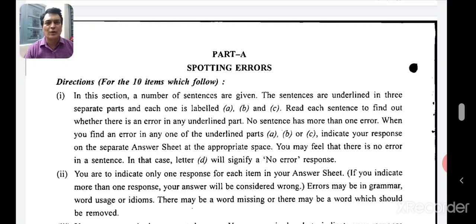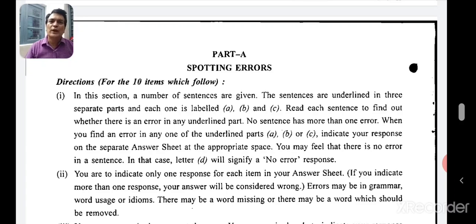So what you have to find out? You have to find out the part where there is an error, and that is going to be your answer. So you have to spot the error in the part of the sentence. You have to indicate only one response for each item in your answer sheet.